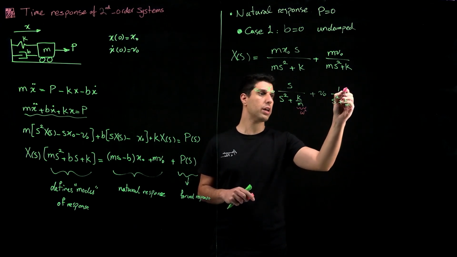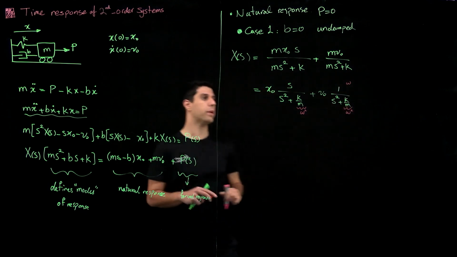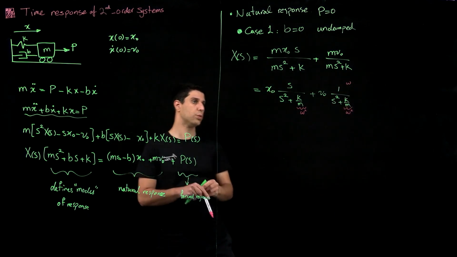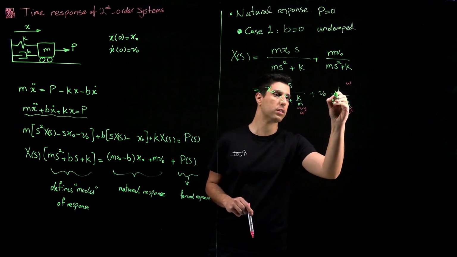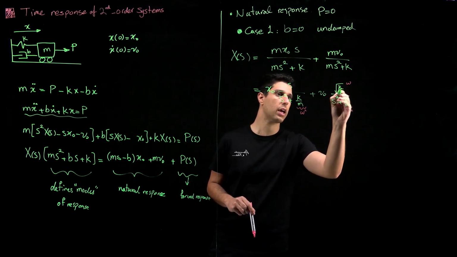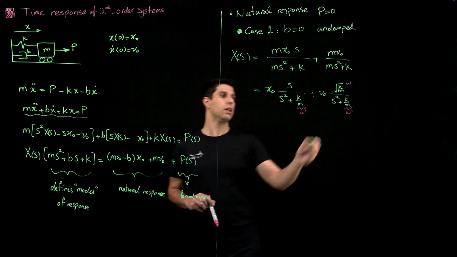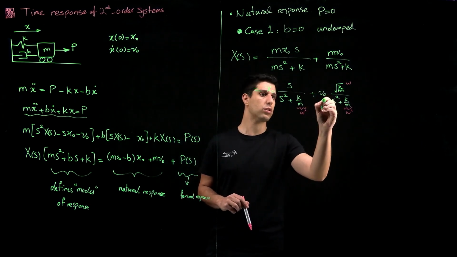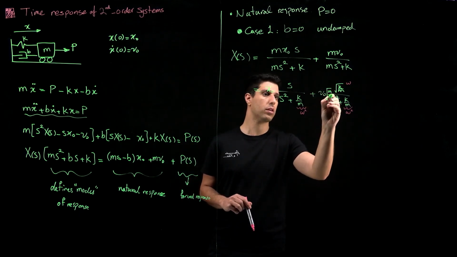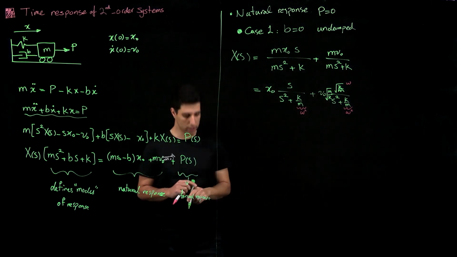And for cosine, I need an omega up here too. So that's why I want to multiply it by some square root of k over m and 1 over square root of k over m, something like that.